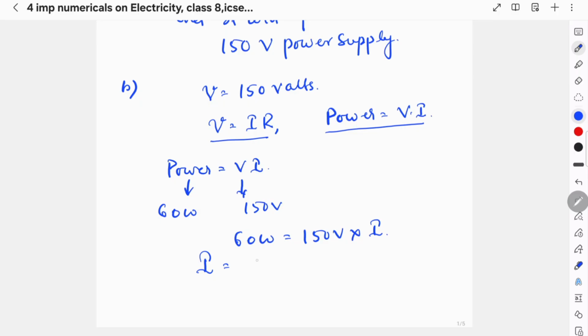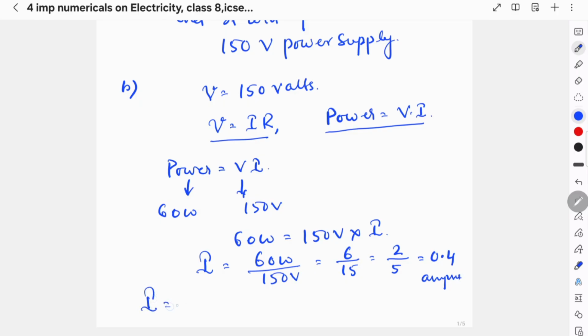So my I will be 60 watt divided by 150 volt. This becomes 6 by 15, or if we reduce it by 3, it will be 2 by 5, which comes to 0.4 ampere.